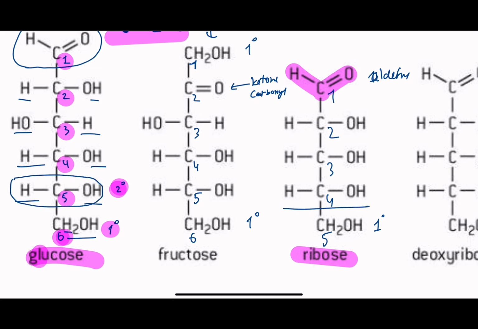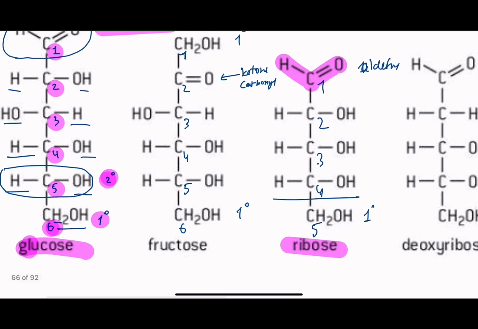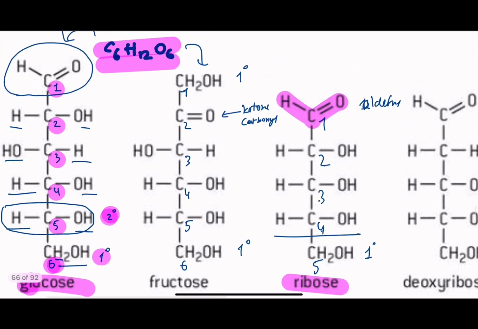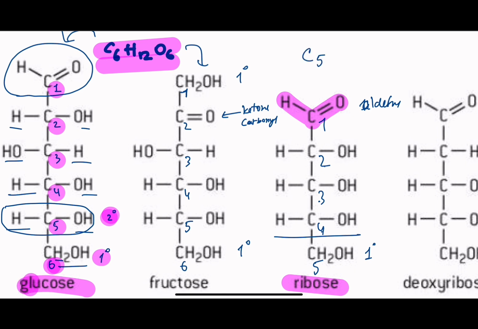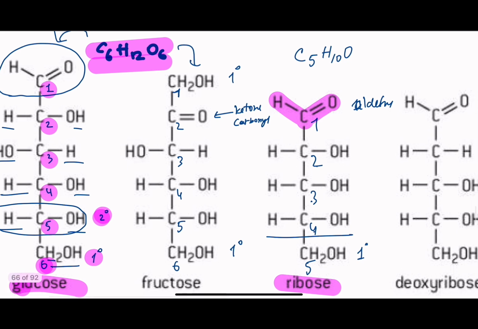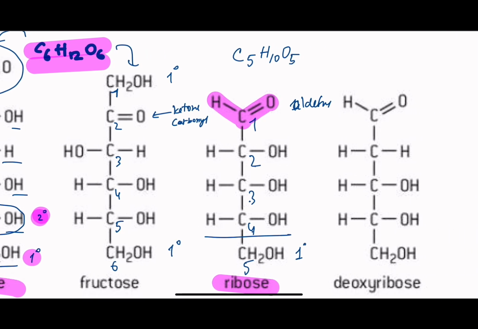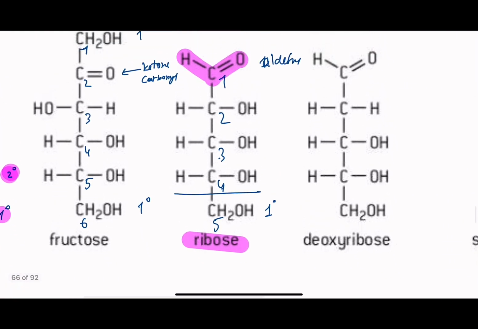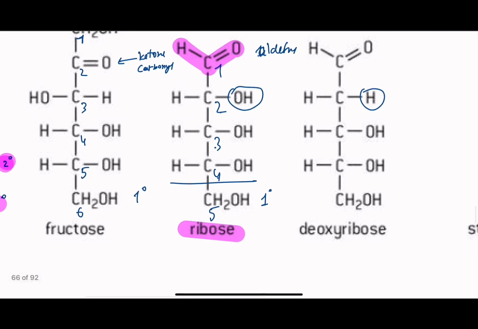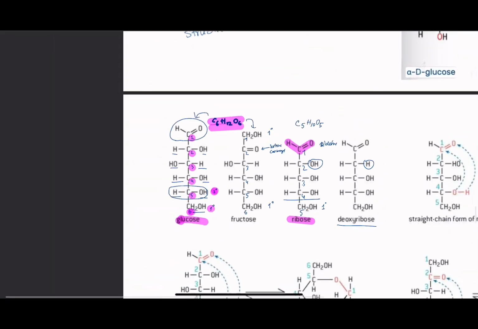We have 2, 3, 4, but at the fifth carbon glucose has a secondary alcohol, while ribose just finishes off with the primary alcohol. So it has 1 less carbon, 2 less hydrogen, and 1 less oxygen. And deoxyribose is just like this, but we don't have this oxygen here.